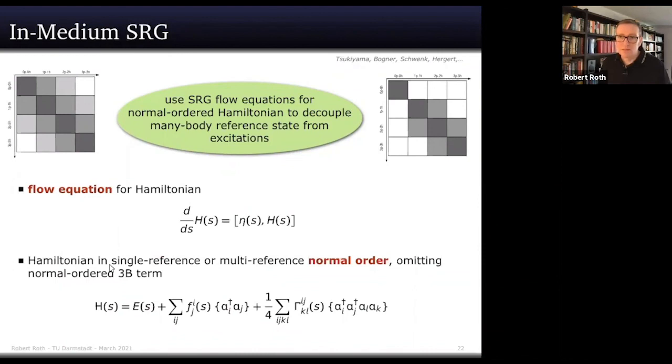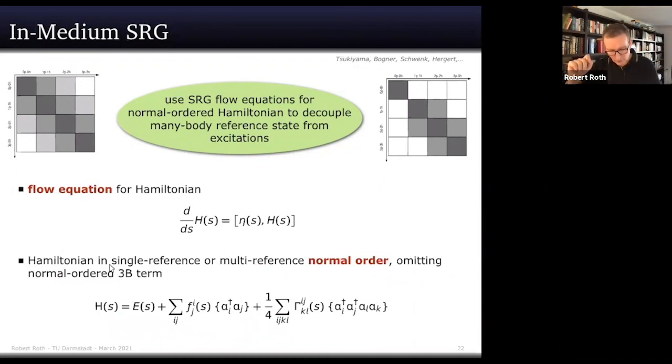But now this normal ordering comes into the game and makes life easier because it gives you an easy handle for a physically motivated truncation again. You write your Hamiltonian in normal order with respect to a reference state, just like coupled cluster. You pick a single Slater determinant as a reference state, so the naive shell model state for oxygen 16, for example, and then rephrase your Hamiltonian in normal order with respect to this reference state.